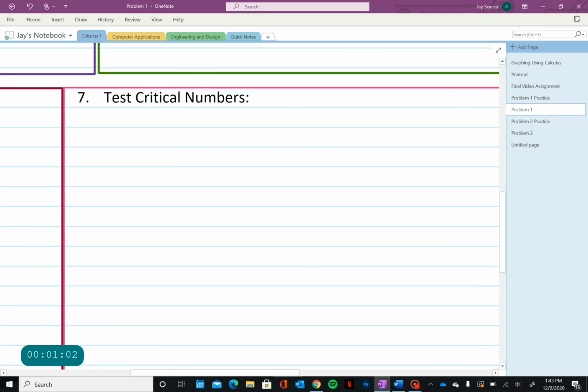So now we can test for critical numbers since we have the derivative, and I can rewrite the derivative as -9600 over x squared plus 2x, and set it equal to 0 so that we can find the min and max of the original function.